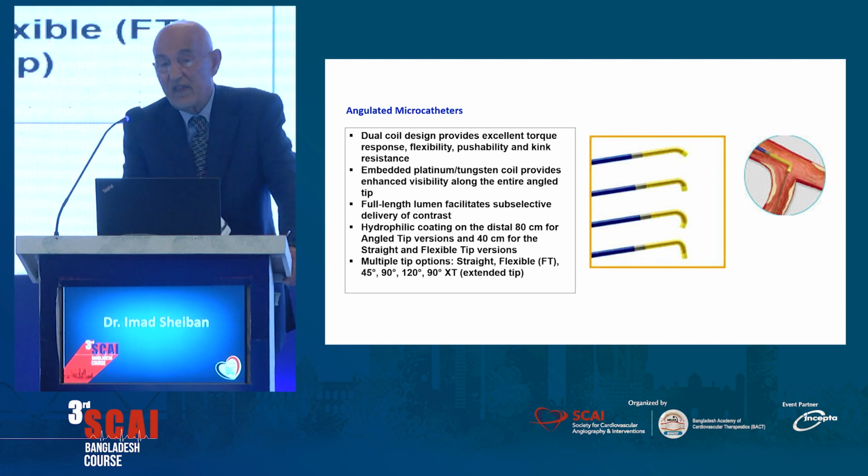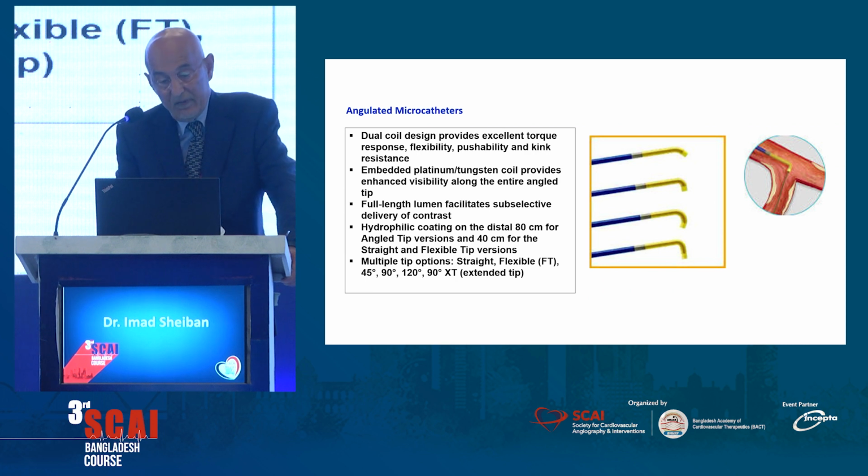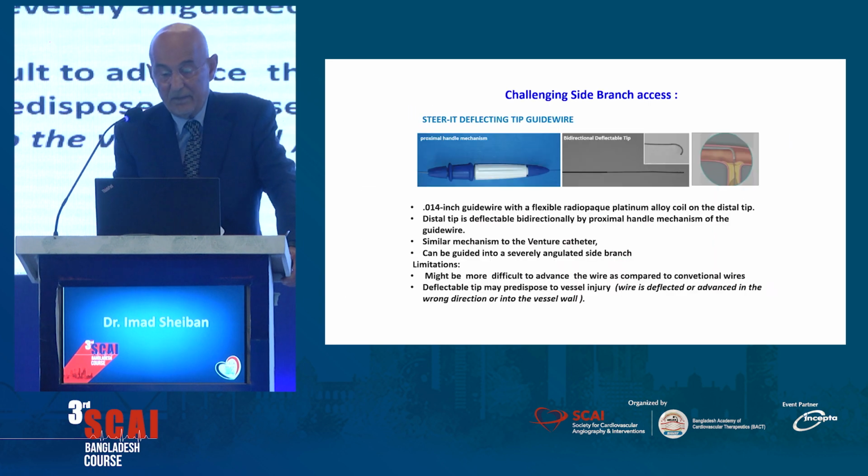Easier is the use of angulated microcatheters, which are more recent than the last one, and which have a dual coil design, providing excellent torque response with various angulation up to 90 degrees, and this is positioned in front of the side branch and then accessed by the wire.